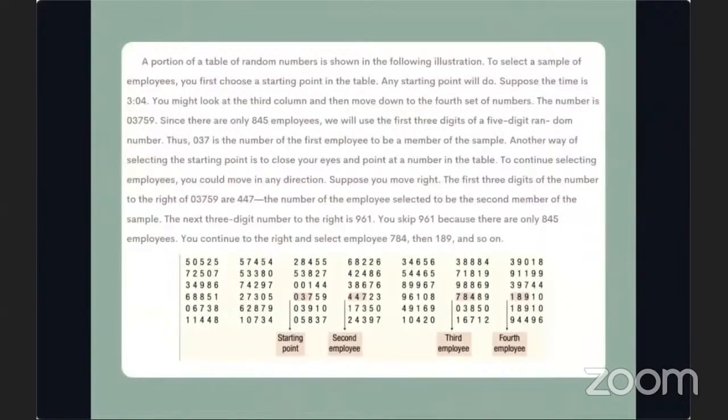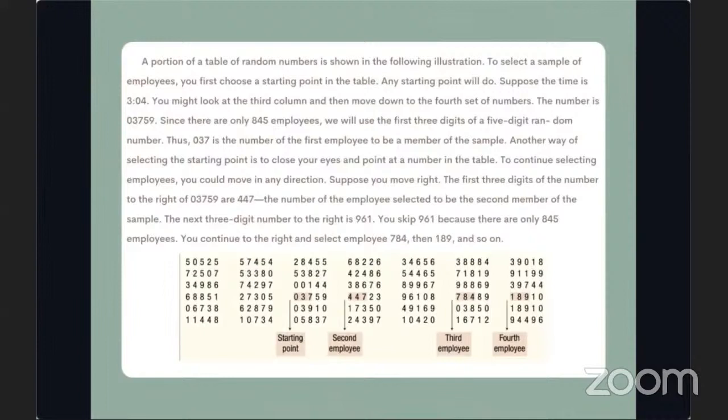A portion of a table of random numbers is shown in the following illustration. To select a sample of employees, you first choose a starting point in the table. Any starting point will do. Suppose the time is 3:04. You might look at the third column and then move down to the fourth set of numbers.